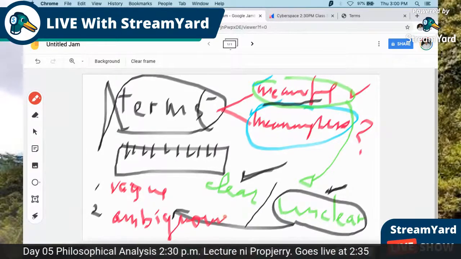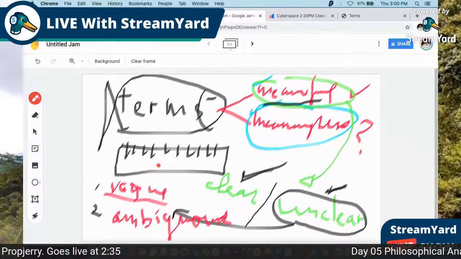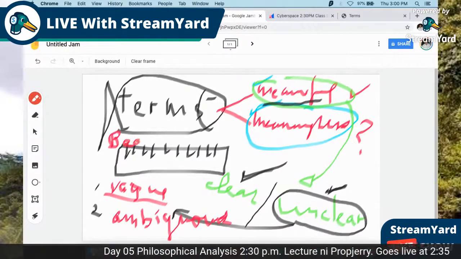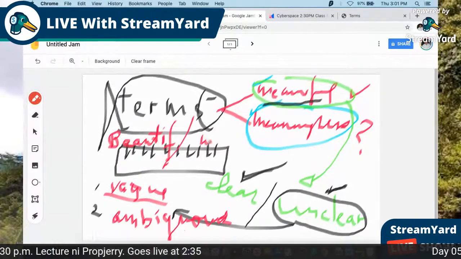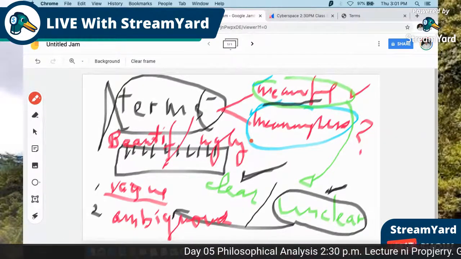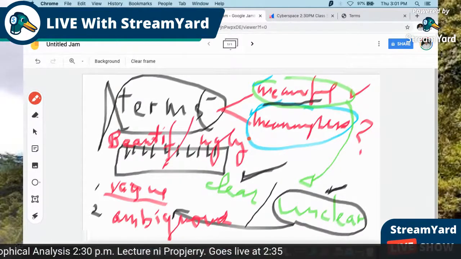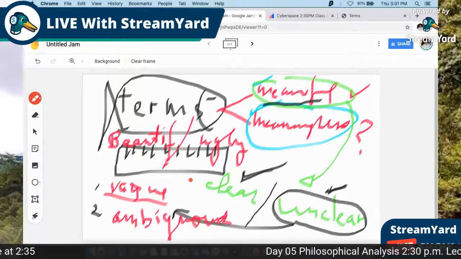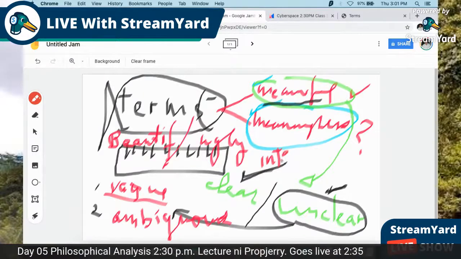Example. Vagueness. How do you distinguish between beautiful and ugly? Beautiful, ugly. How do you distinguish between beautiful and ugly? How do you distinguish between intelligent and unintelligent?